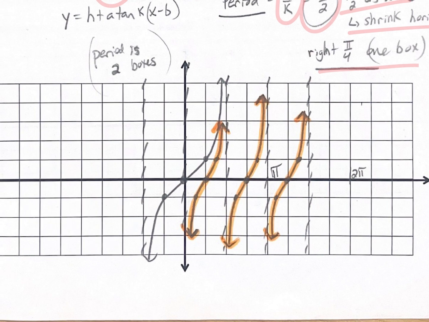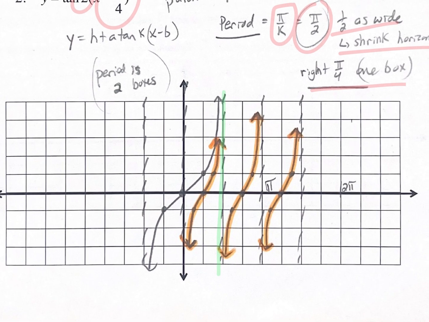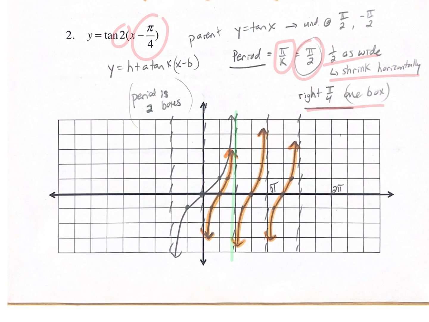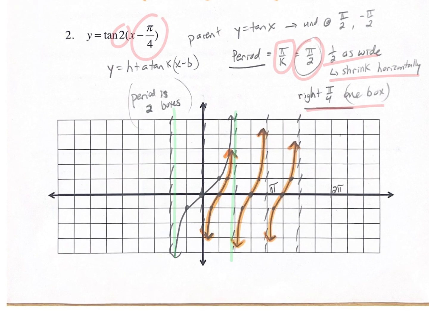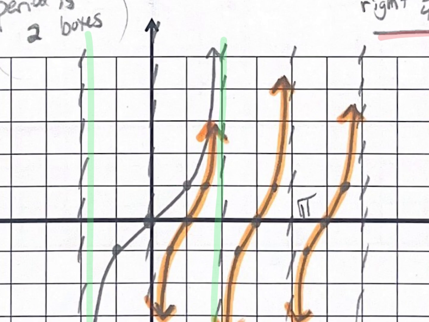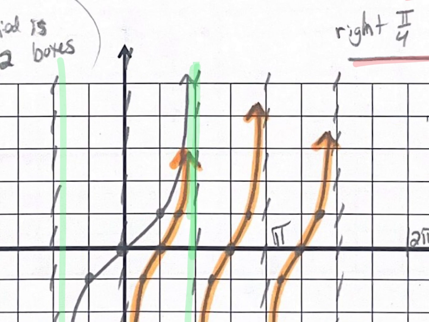So if you look, the pencil is the original graph. So if I make the original one in green, like let's say here's our graph for tangent. Tangent is undefined at pi over 2 and negative pi over 2. We have to shift that in half. So if we're looking at this one right here, if the asymptote's half as wide, we go to 1, and then you have to go 1 box to the right.